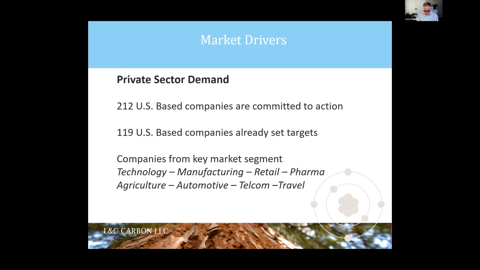And some names that you all know: Amazon, Apple, Microsoft, GM, Ford, PepsiCo, General Mills, Johnson & Johnson, Mars, McDonald's, Procter & Gamble, Facebook, Target. I could go on. These are all significant sized companies and have made some serious commitments, even in the last 12 to 18 months, that are significant.